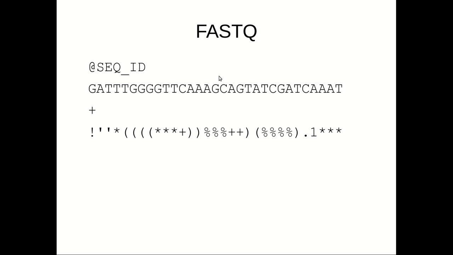This can be in color space in the case of SOLiD sequencing. Then we have a new line, a plus symbol, another line, and a series of symbols that are matched up exactly to the bases. Each of these corresponds to a specific Phred quality score for that base. So this is the quality score for that base, and this is the quality score for that base, and so on.